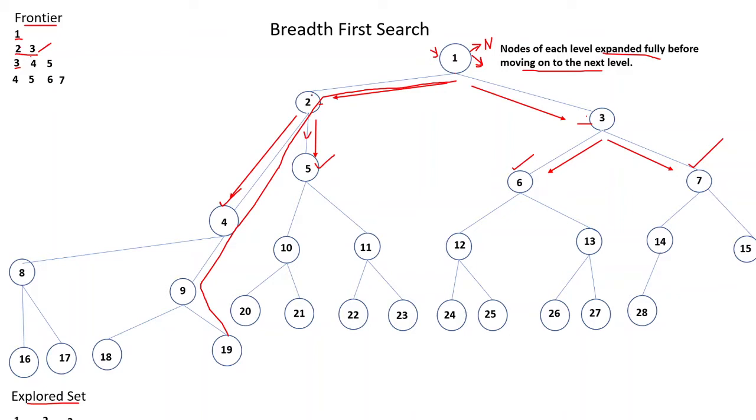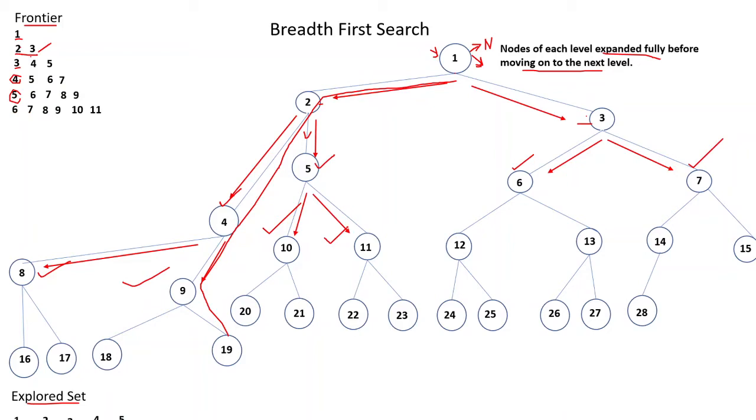The next node to be explored is node number 4, and the successors of node number 4 are 8 and 9. So we add these two nodes to the frontier list, and we put node number 4 in the explored list. The next node to be explored is node number 5, and the direct successors of node number 5 are 10 and 11. So 10 and 11 are placed in the frontier, and 5 is moved to the explored set.